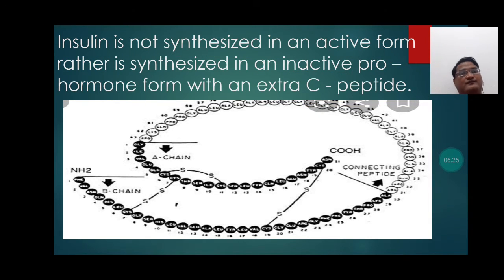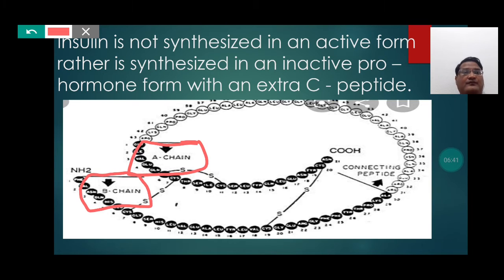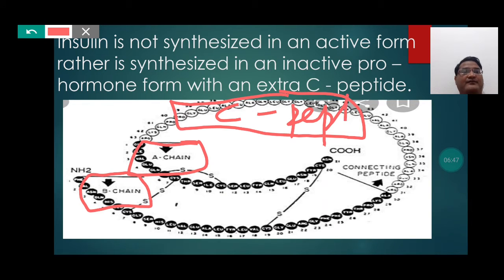So students, the insulin which is secreted in the inactive form generally has three integral components, that is chain A, chain B and the extra C peptide chain, which is this, you can see.